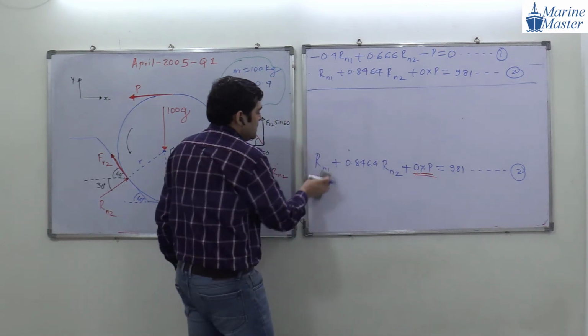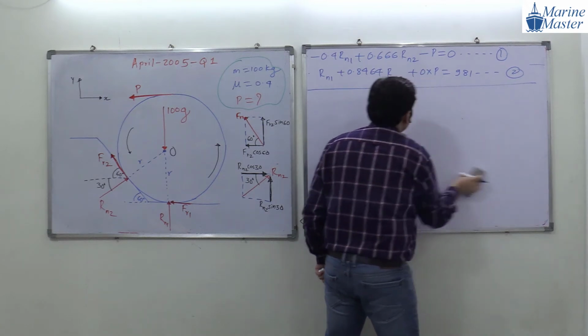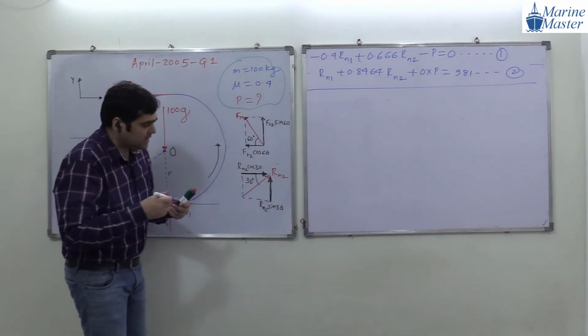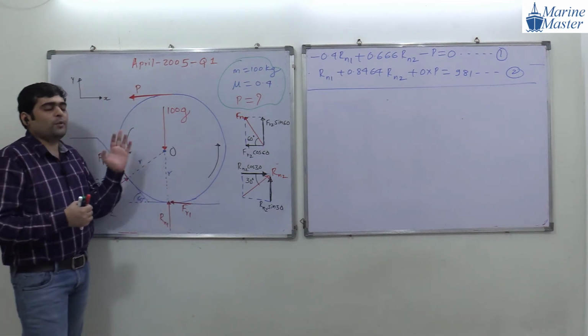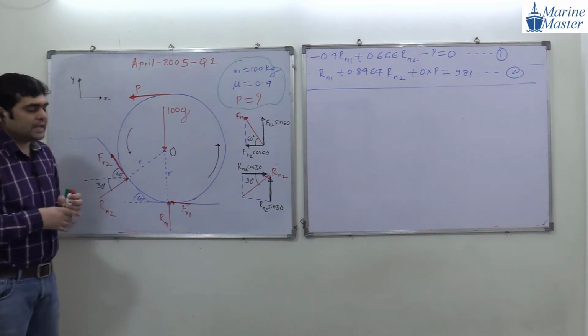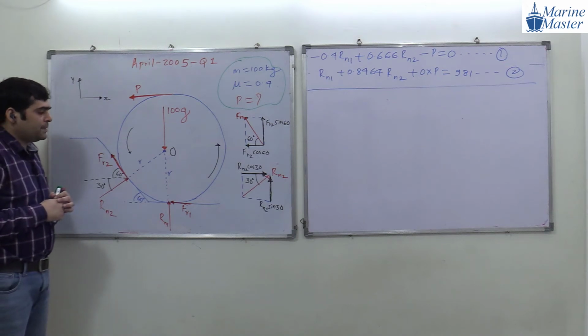Now what is remaining? The moment equilibrium equation is remaining. Now we are going to take a moment about point O. Why are we selecting point O? Try to see the reason. If we select point O, then what will happen?